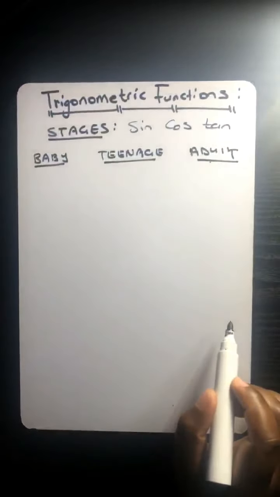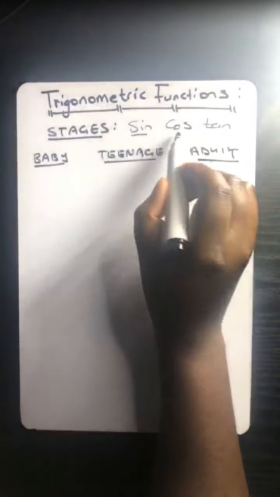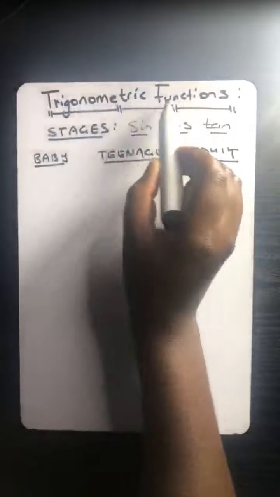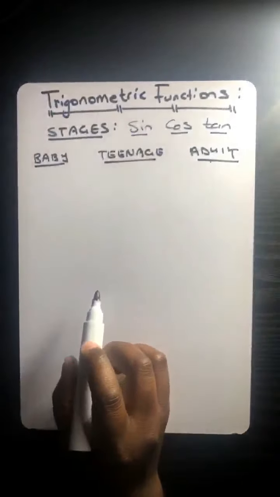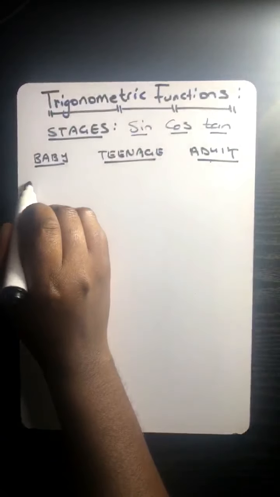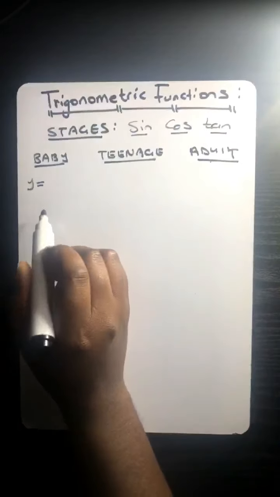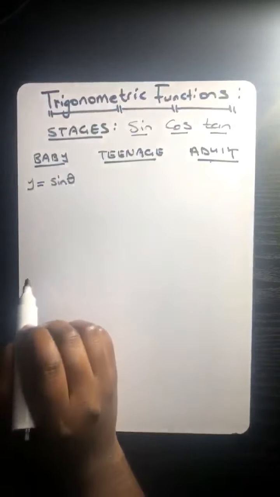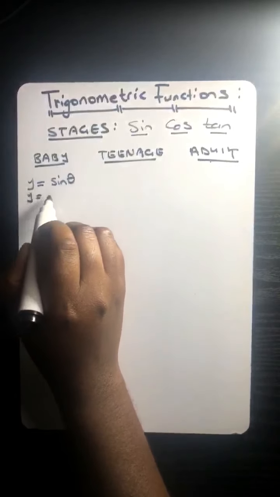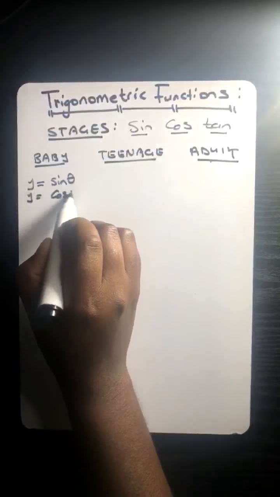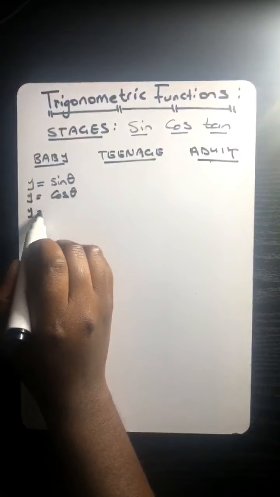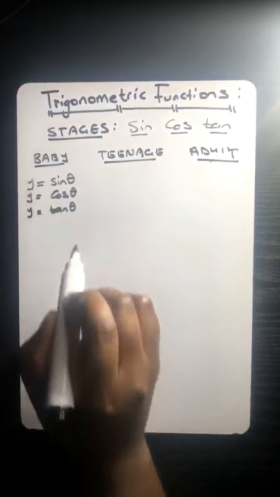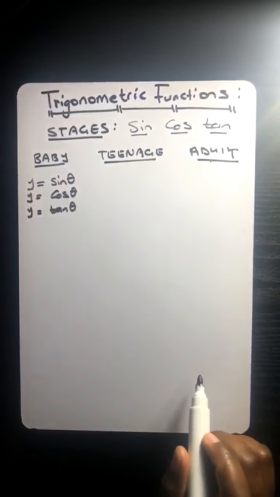We make use of these trigonometric ratios to draw the trigonometric functions. So here's the general formula. We know it as y equals sine of angle, or otherwise y equals cos of angle, or otherwise y equals tan angle.